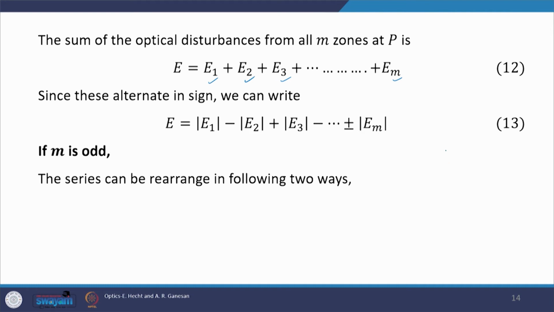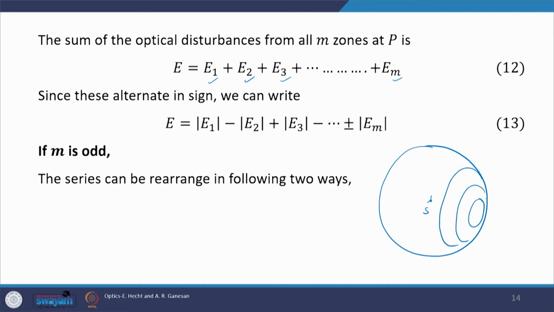Now, this is the wave front which was emitted by point source S, and this is how we split the zones. This is your first zone, this is second zone, this is third zone, this is fourth zone, and at the center here there is a point O. Similarly, if you keep increasing, then these zones will also be here, and say this point is named as O prime, and this is our last zone, our mth zone.